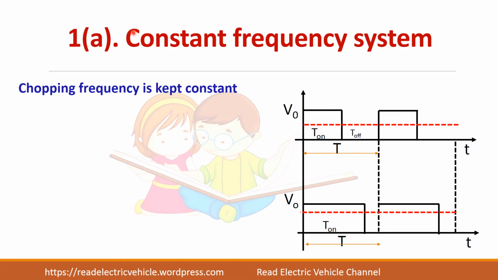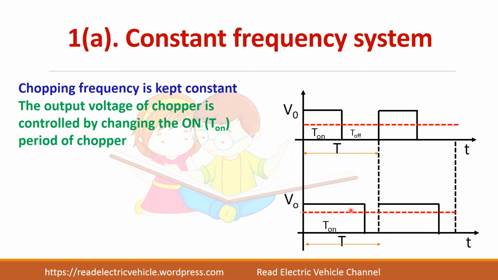First, let us see the constant frequency system. Here the chopping frequency is kept constant. You see this waveform. Here you have the T on and T off periods, and the total time period T. In the constant frequency system, this T is always kept constant. See here, T remains constant, but I am changing the on time. So the output voltage is controlled by changing the on period.